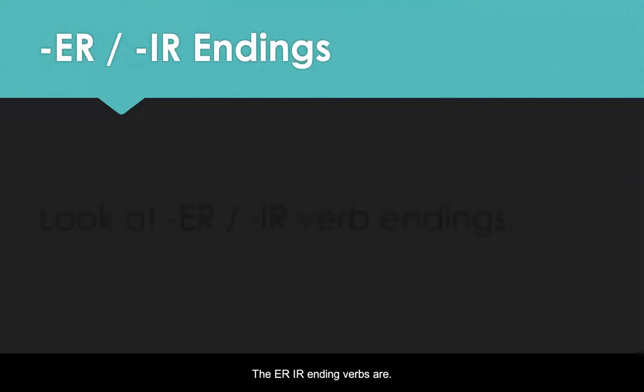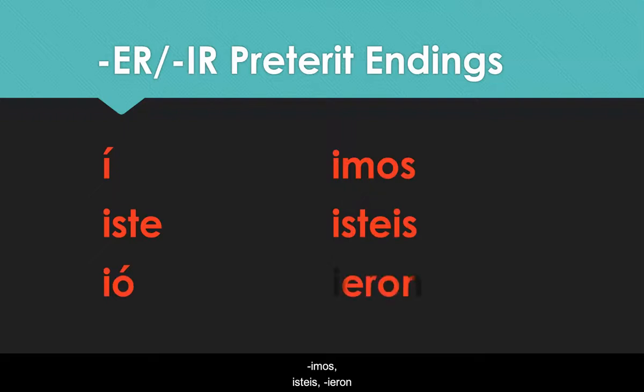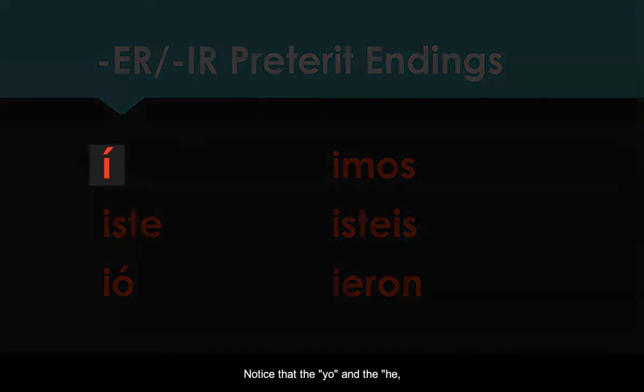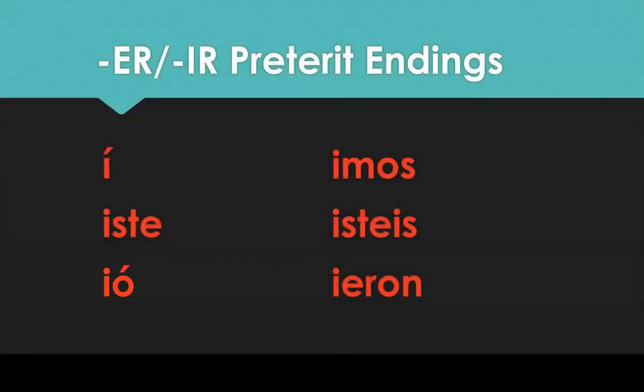The ER, IR ending verbs are: í, iste, ió, imos, isteis, ieron. Notice that the yo and the he, she, usted will need an accent.